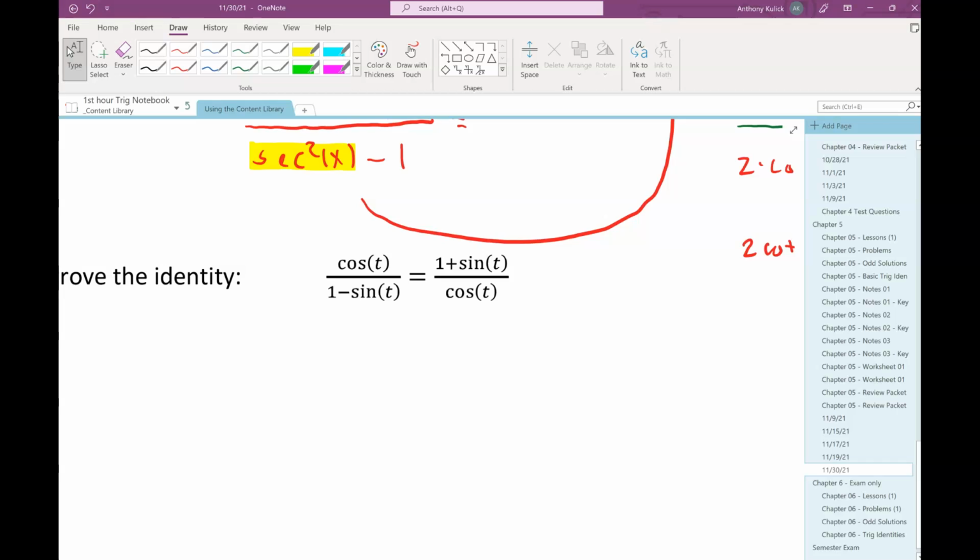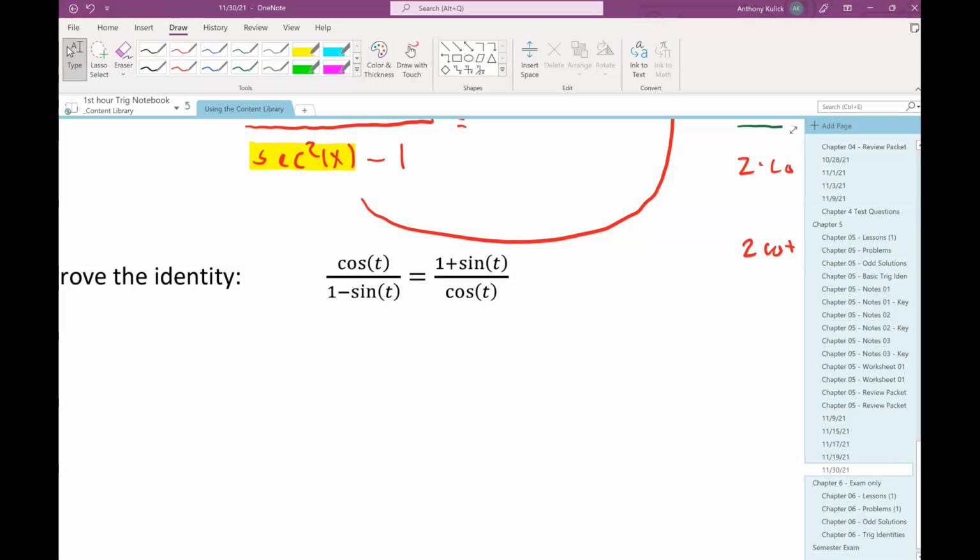Is there anything obvious to do here? Doesn't seem like it, right? Algebraically, obviously you can't reduce the fraction. There's not two fractions to add. There's no like terms to combine. There's no factoring to do.